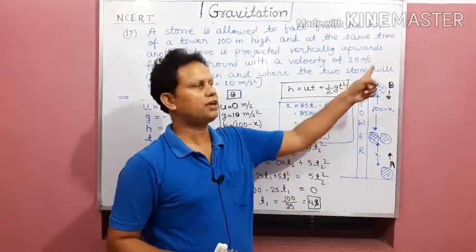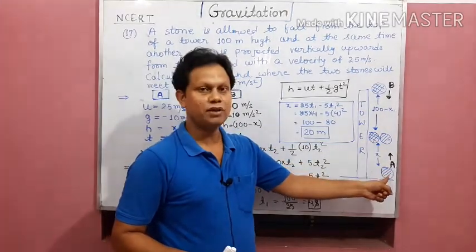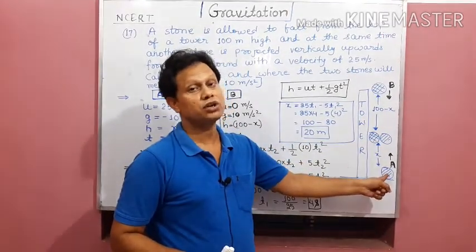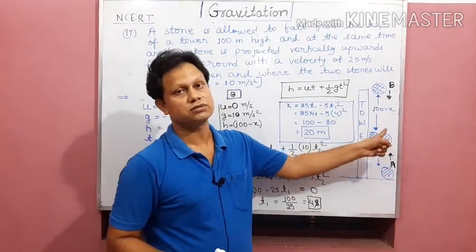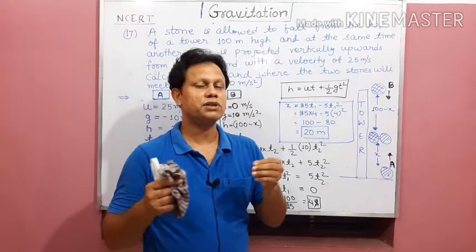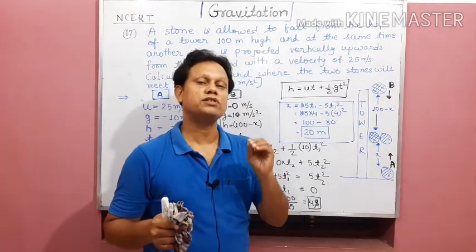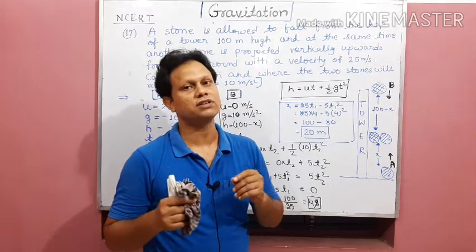Whatever time B has taken to reach this position, in the same time A is reaching this position. That is the key factor here: for the meeting, both have to utilize the same time.